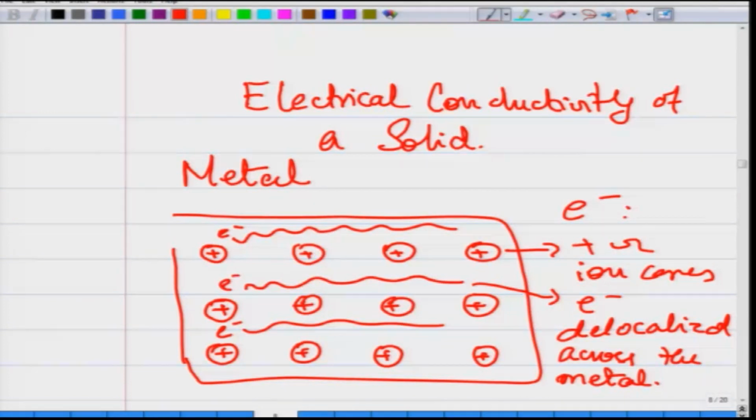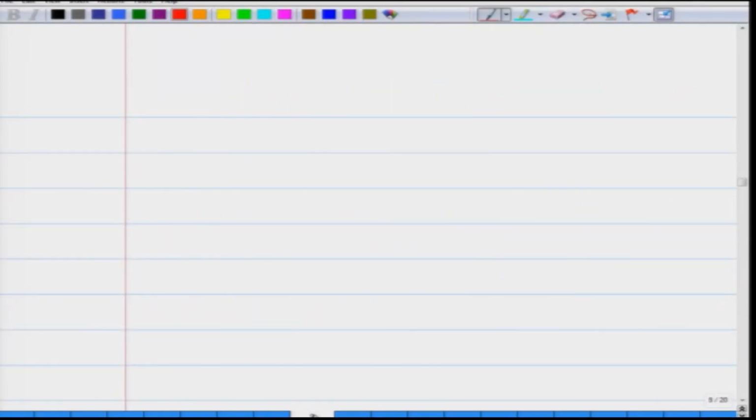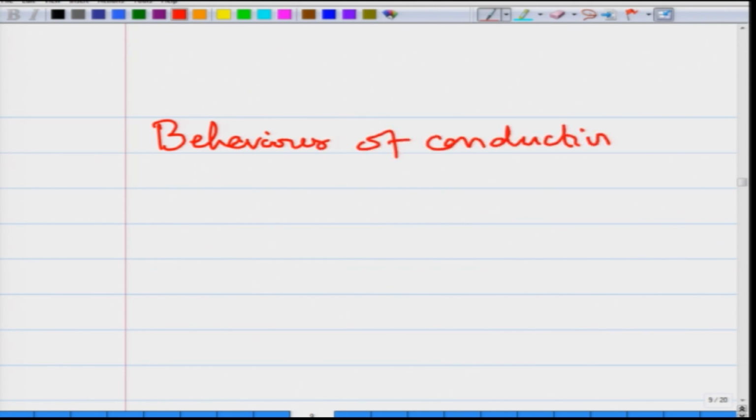Okay. And people wanted to understand the behavior of conductivity of the metal.